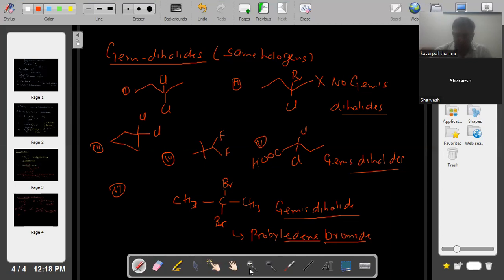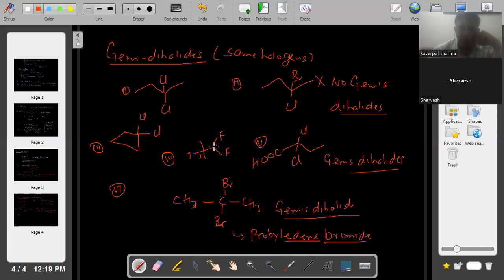Sir, how to name these gem dihalide compounds? You will name the gem dihalide accordingly. If this is 1, 2, 3, there are three carbons.